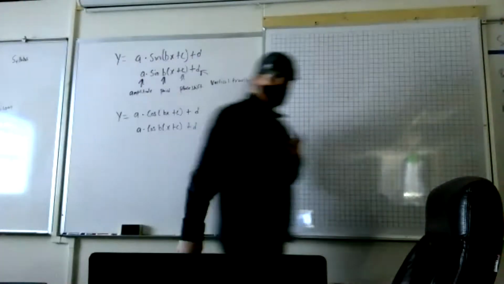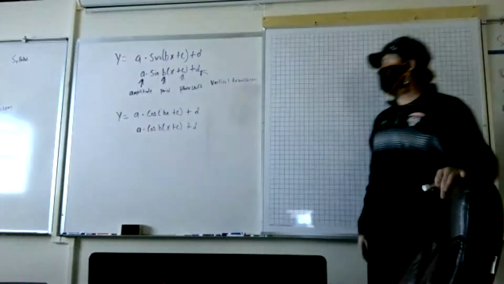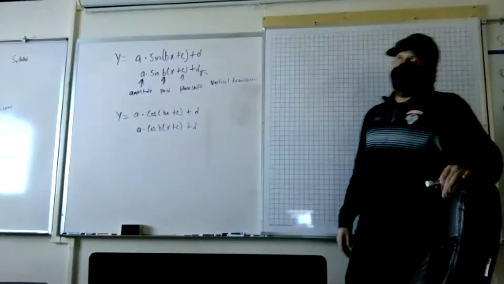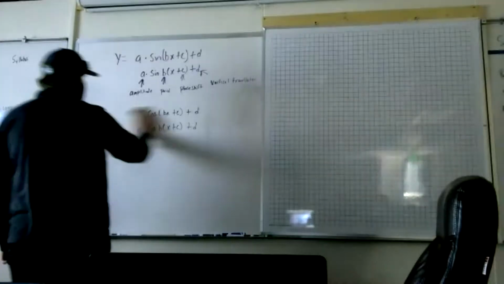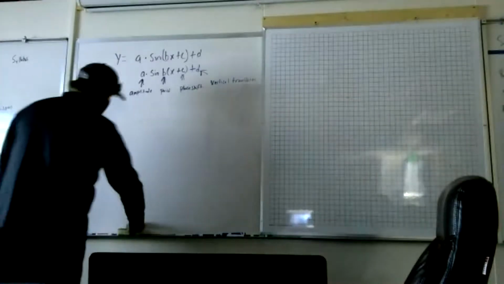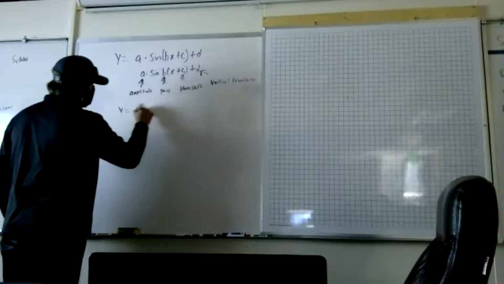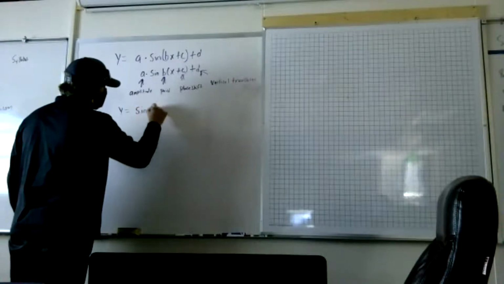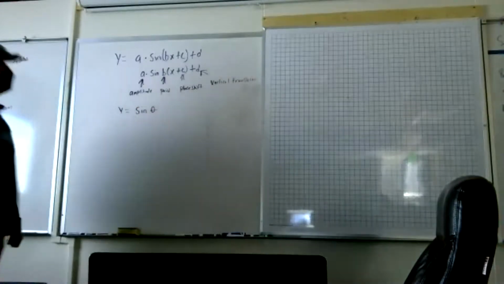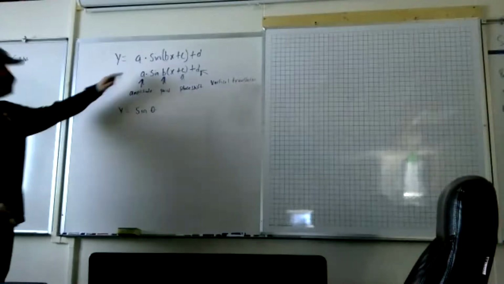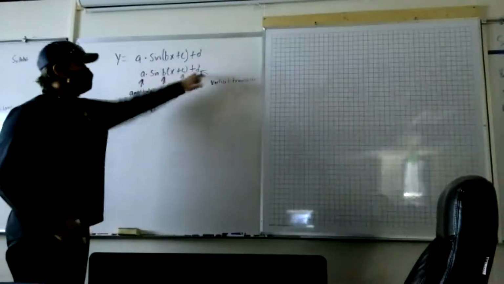Okay, hopefully you guys got that stuff down so far. All right. So the first graph we're going to talk about is just y equals the sine of theta. Okay, believe it or not, all of these coefficients are still represented.